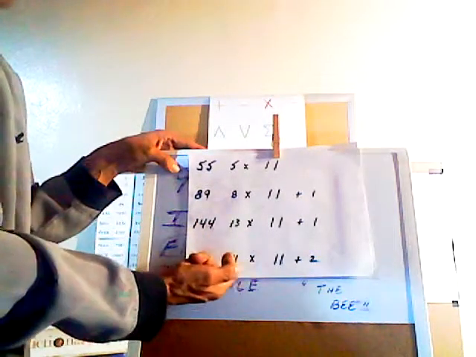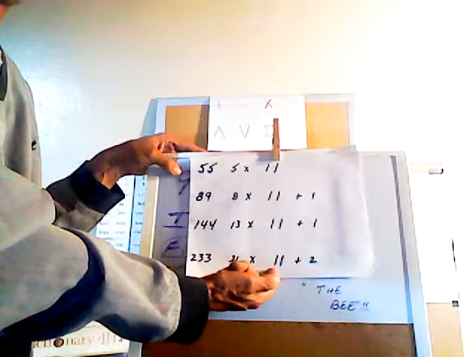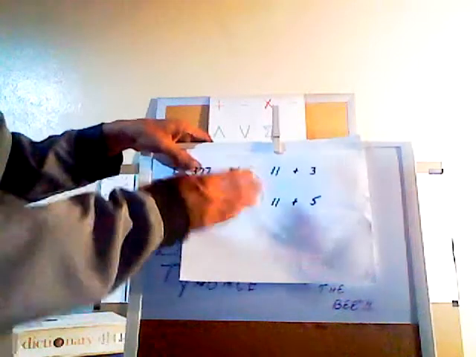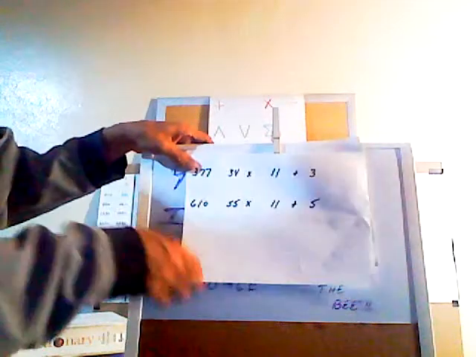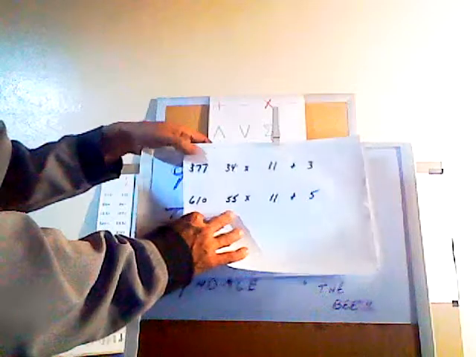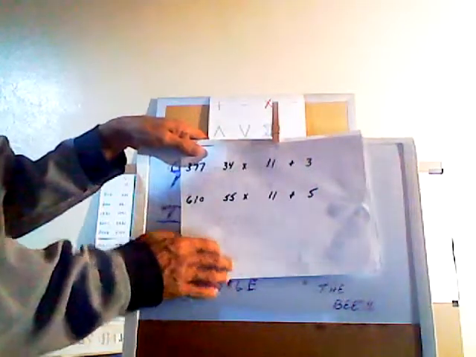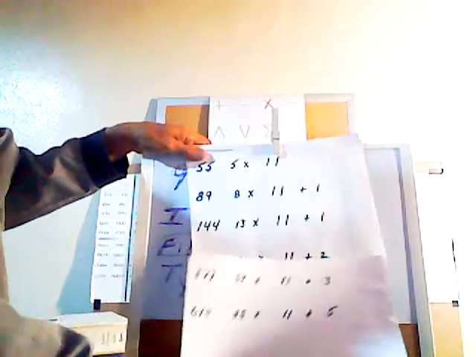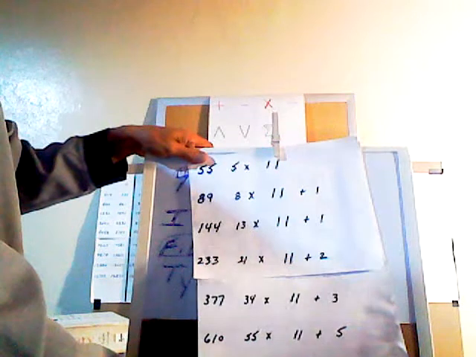But what is it? 21 times 11 plus 2. And we'll just keep going. We got this number here, which is 233 plus 144 gives you 377. And what is that? 34 times 11 plus 3. There it is. 1, 2, 3, 5.